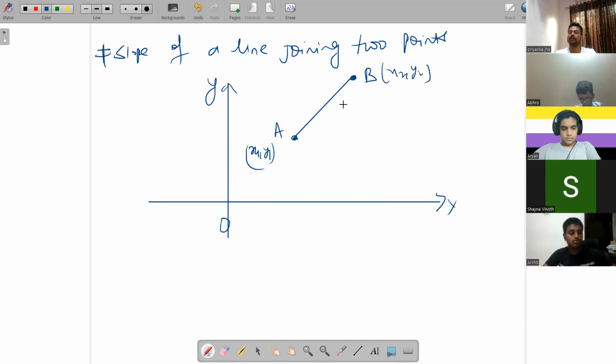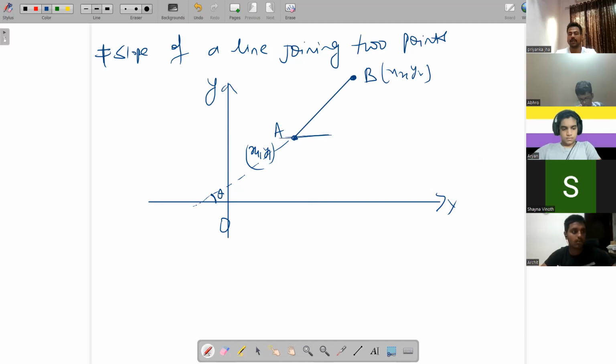We have to find the slope of this line. How will we find that? We know that any line makes some angle with the x-axis. So let's extend this line. Now we can see that this line is making angle theta with the positive x-axis.